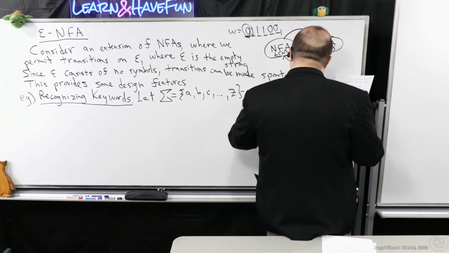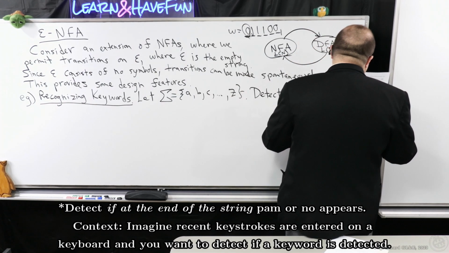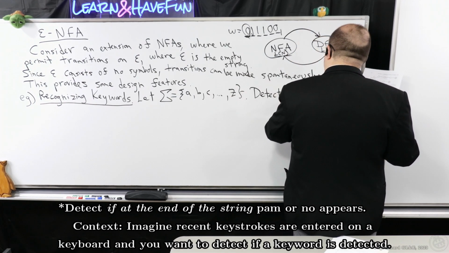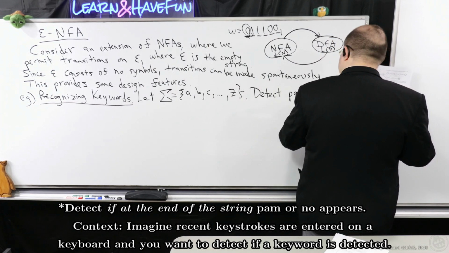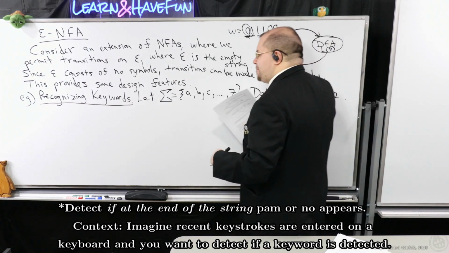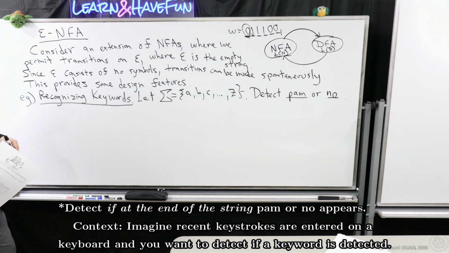Let's try to make it so that we can detect 2 words. Let's try to detect Pam or no. Let's see if we can come up with an Epsilon-NFA that uses this feature.